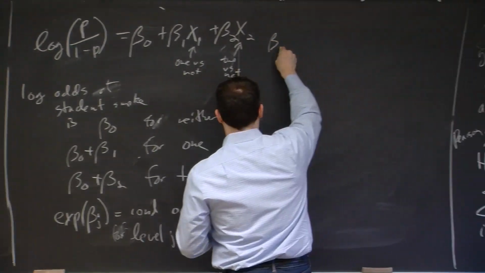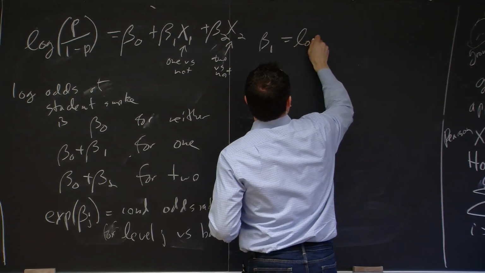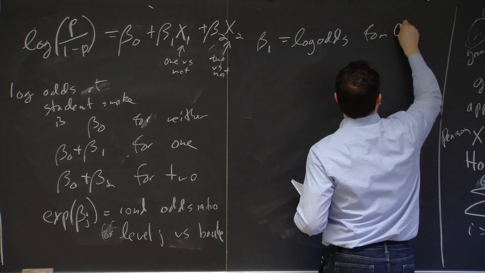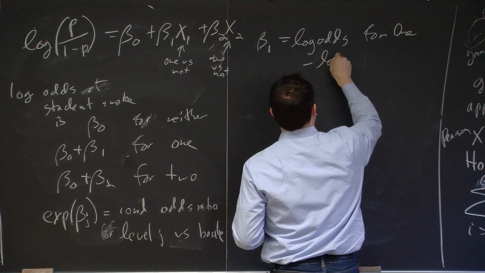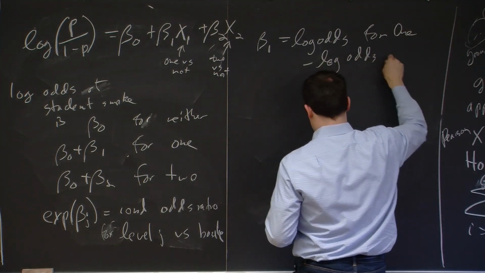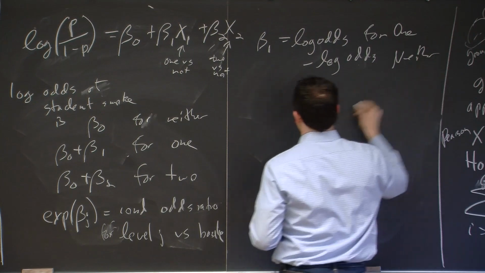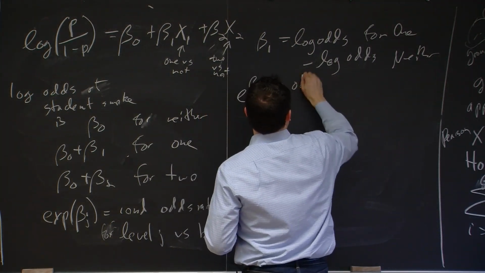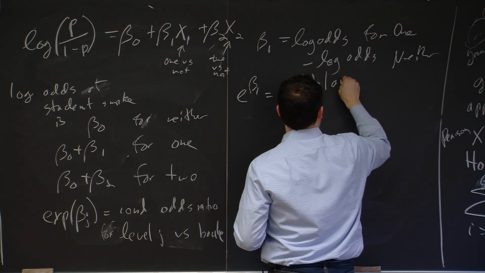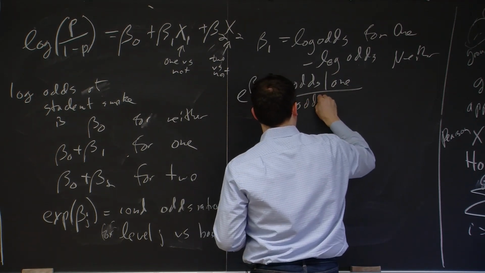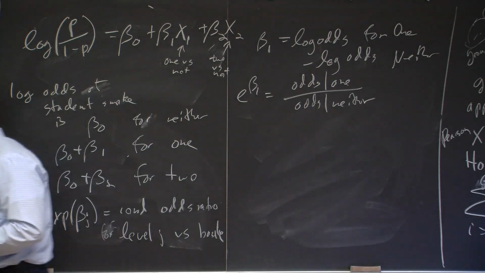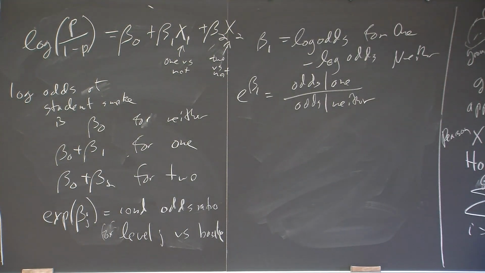In other words, beta 1 is log odds for one parent minus log odds for neither. e to the beta 1 is odds given 1 divided by odds given neither, and so on. Is it clear what these coefficients mean?